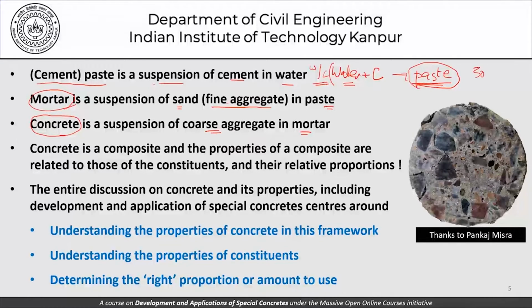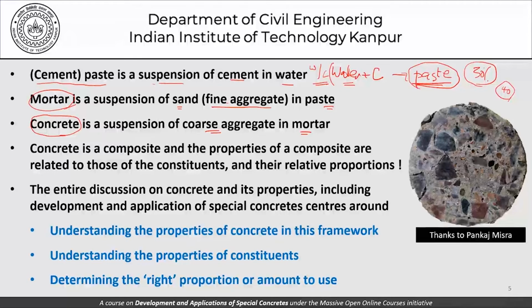If you have a 30% water cement ratio, you have a reasonably stiff paste. But if you have 40%, it becomes a lot more flowing, but it is much less than that of water. So now paste has a certain amount of fluidity which is less than that of water.